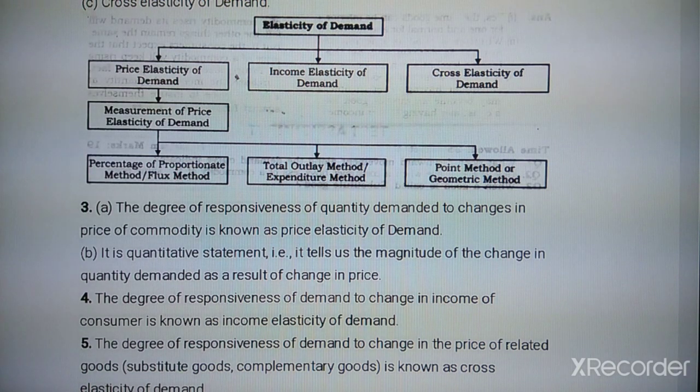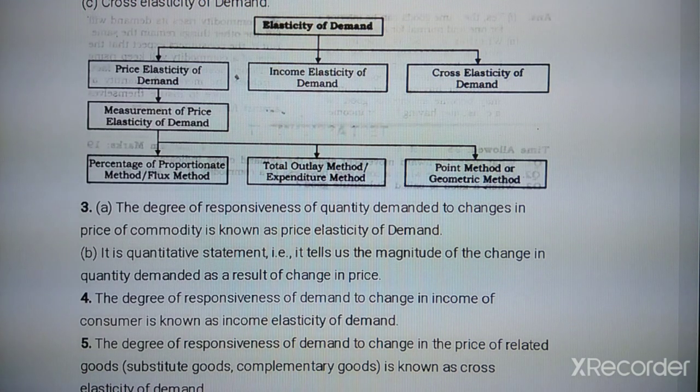The next is the cross elasticity of demand. It is the degree of responsiveness of demand to change in the price of related goods. Related goods means substitute goods and complementary goods. For example, if there is a change in the price of tea, how is the demand for coffee going to change?